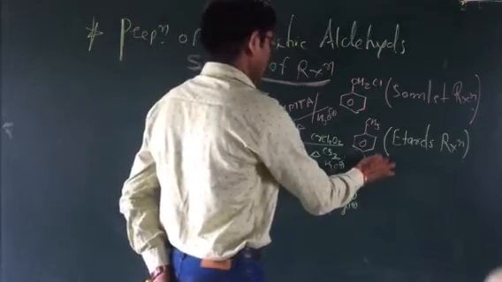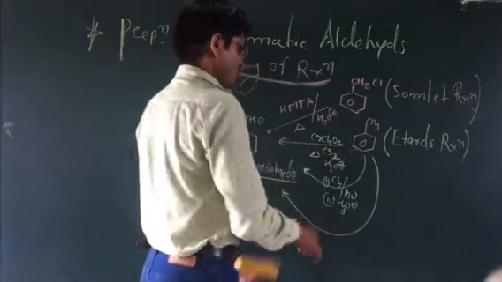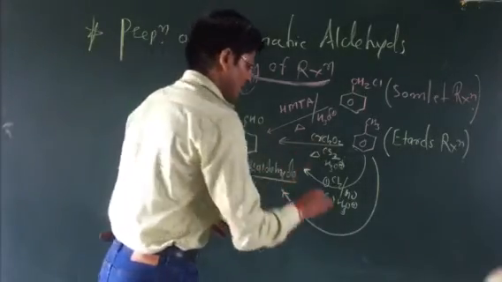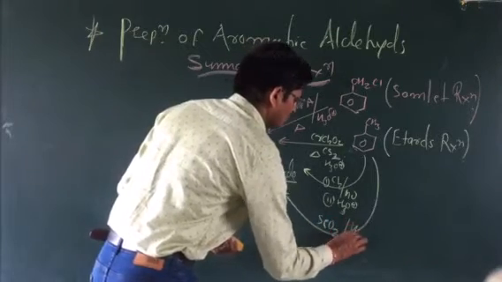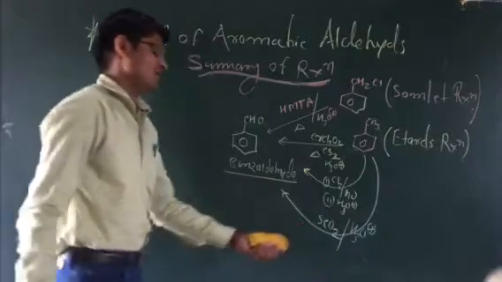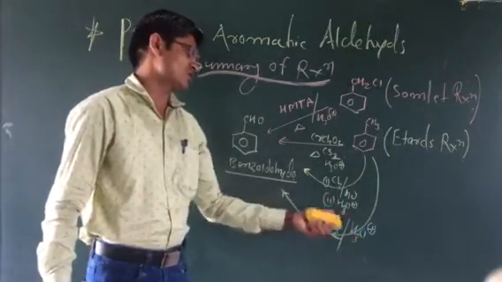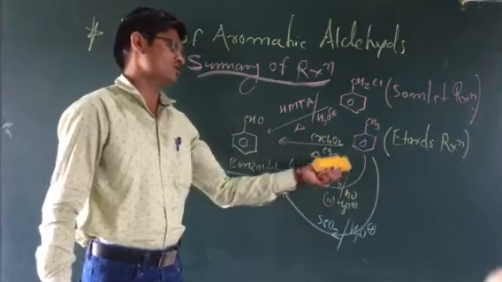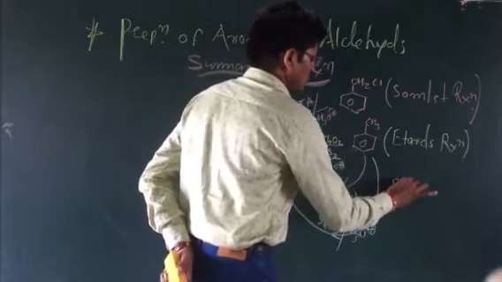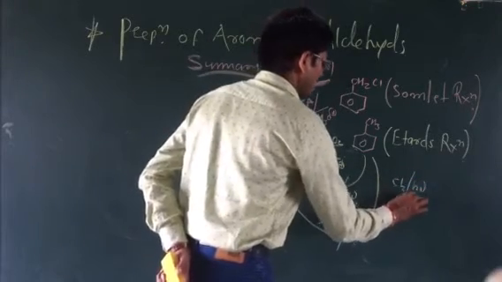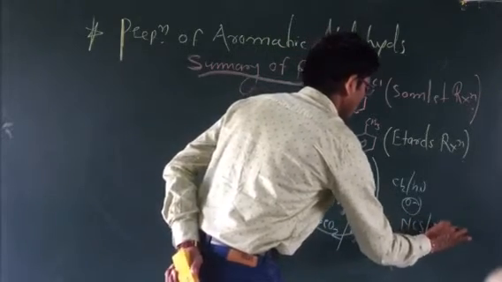Again, benzaldehyde can be prepared by directly treating toluene with SeO2, selenium dioxide, followed by hydrolysis in acidic condition. This is oxidation of toluene using selenium dioxide. In halogenation, this allylic chlorination takes place using Cl2 and light as well as NCS, N-chlorosuccinimide, or NBS, N-bromosuccinimide.